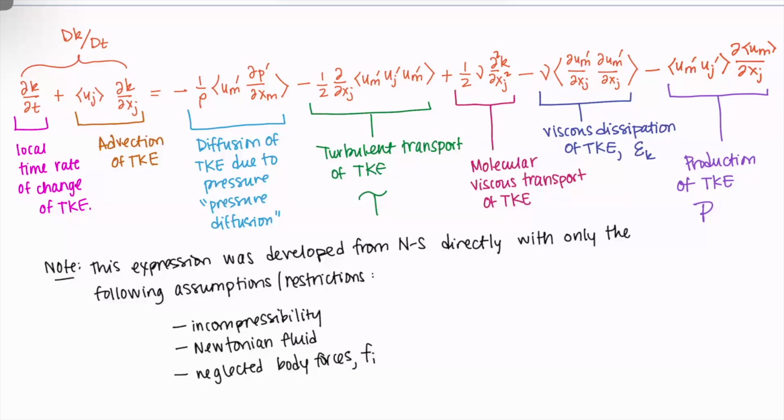Okay, so if you wanted to generalize this for a flow that could be compressible or perhaps non-Newtonian, you would follow the exact same process, but you would need to treat density and viscosity as non-constant. So you would end up with averages that include both viscosity and density, for example, and their fluctuations.